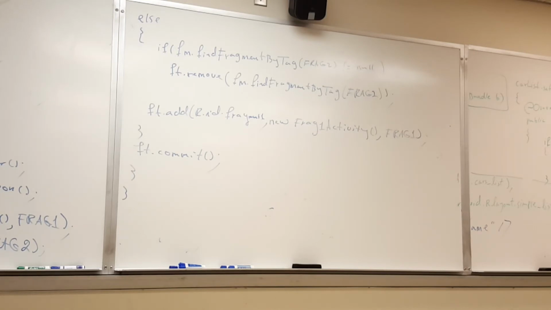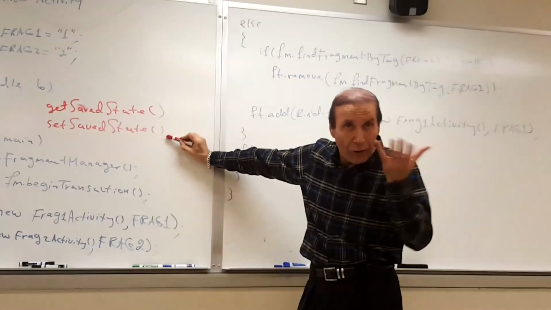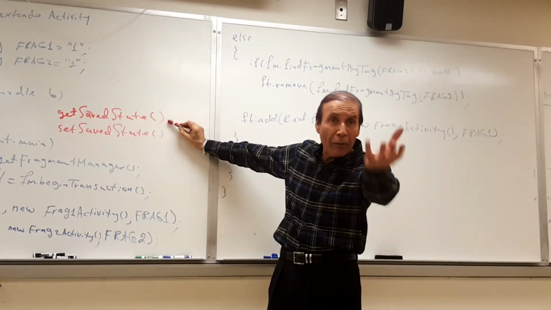One is called get saved state, which belongs to the fragment, and the other one is set. Call this to save your data, and in the other fragment you're going to do what? Get saved state to get it back. Okay.